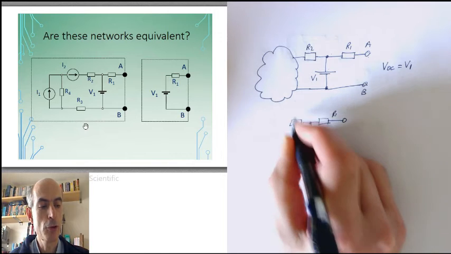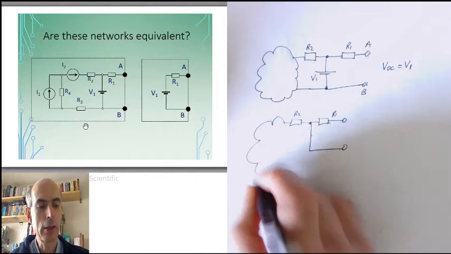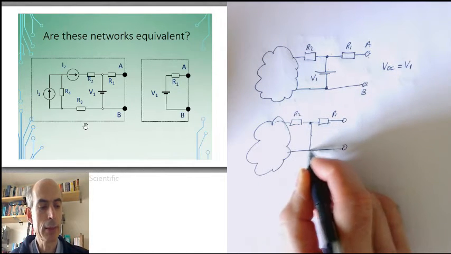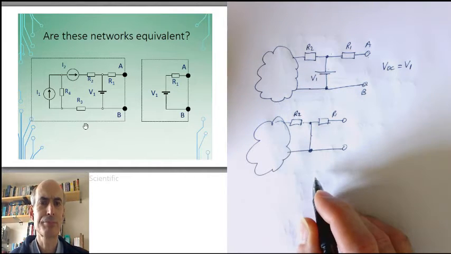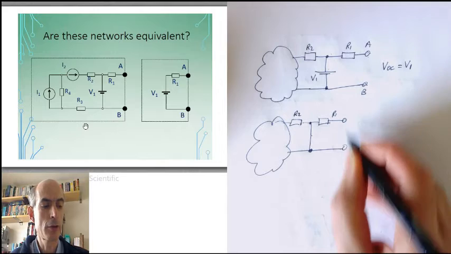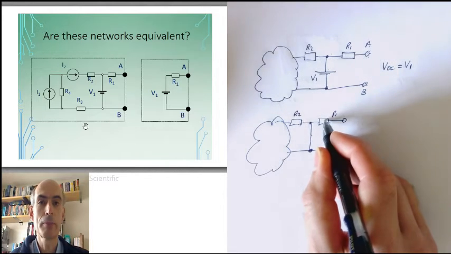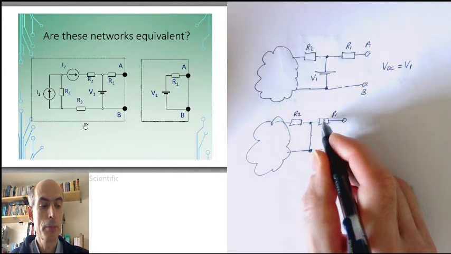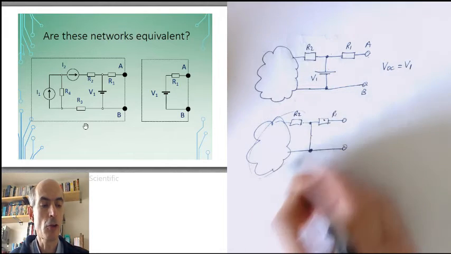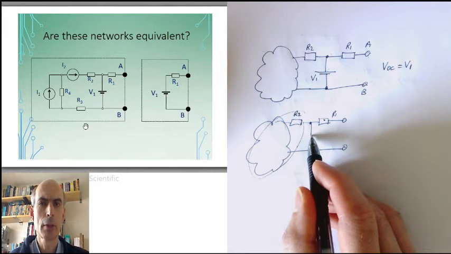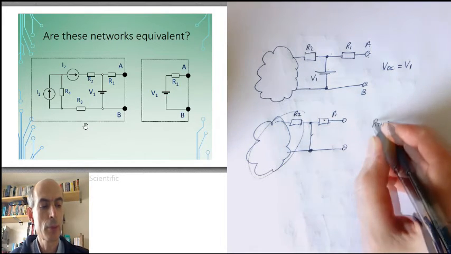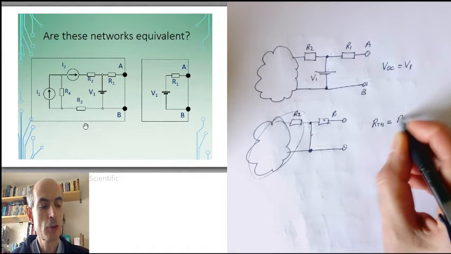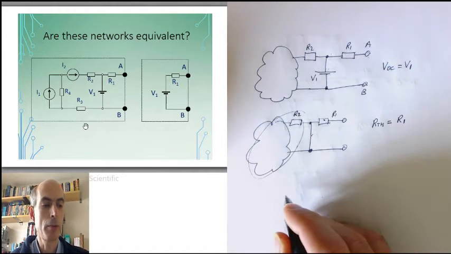Then we've got R2 going into something here and coming back out again. Well, the resistance between here and here is R1 in series with the parallel combination of this lot and a wire. But the resistance of anything in parallel with a wire is just 0. So our Thevenin equivalent resistance is just equal to R1.